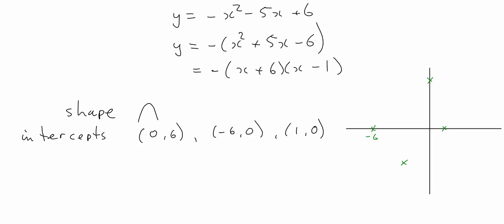So the thing to do then is to ignore those specific points for the moment and sketch the curve with those characteristics. We want to be down there and up there.